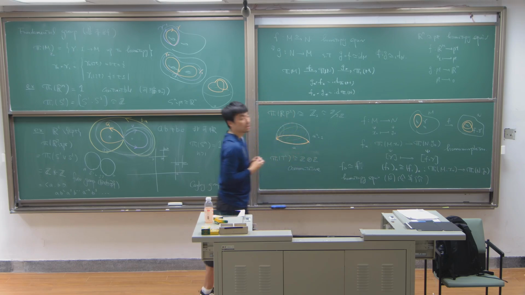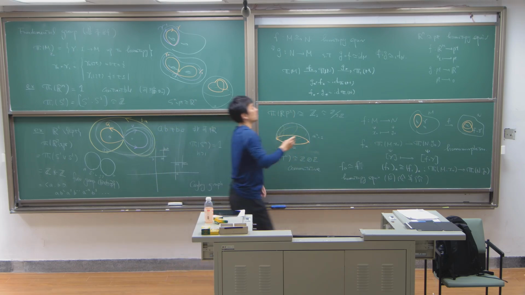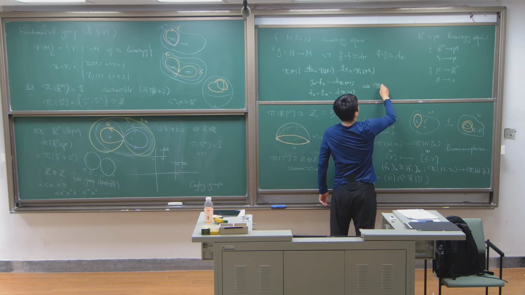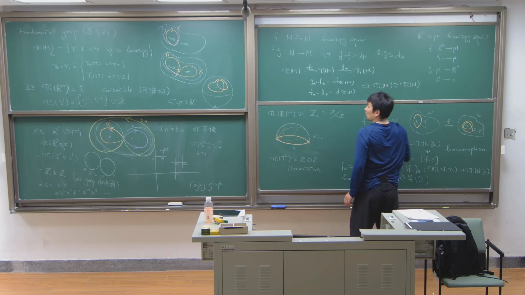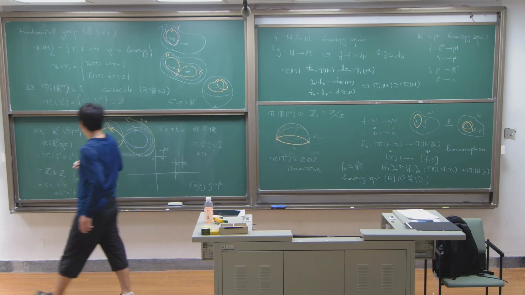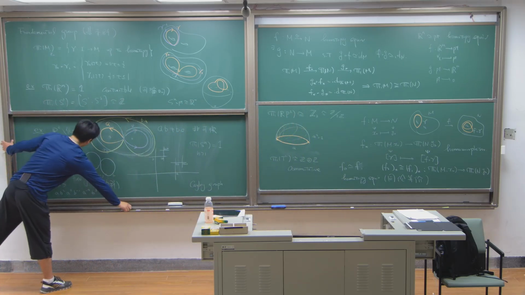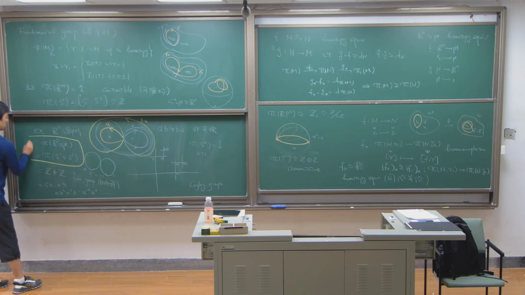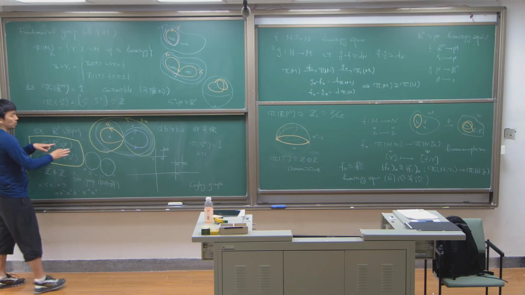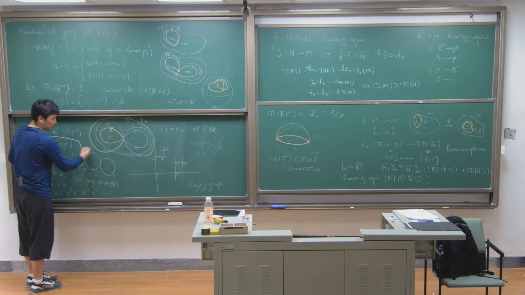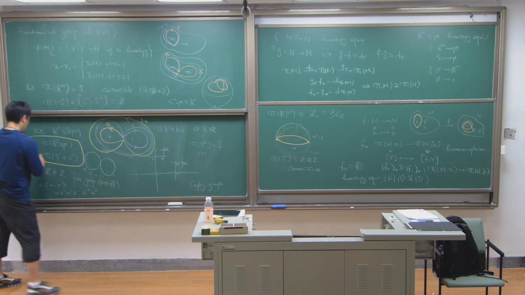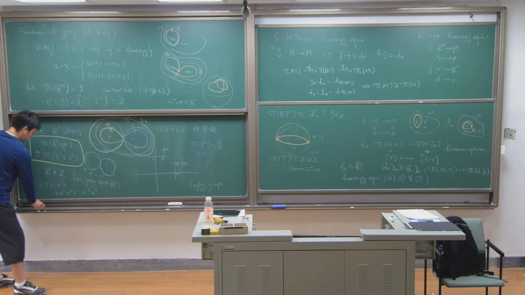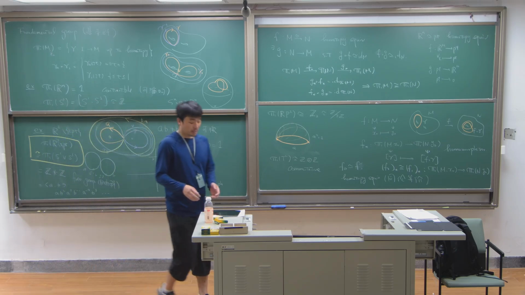So therefore, this means that pi1 of M is isomorphic to pi1 of N. That's homotopy equivalence. In particular, R2 minus two points is homotopy equivalent to S1 wedge S1. So therefore, it's isomorphic. Any question at this moment?